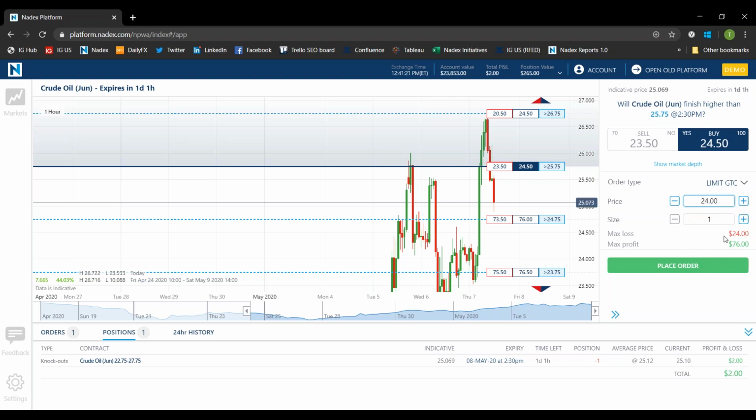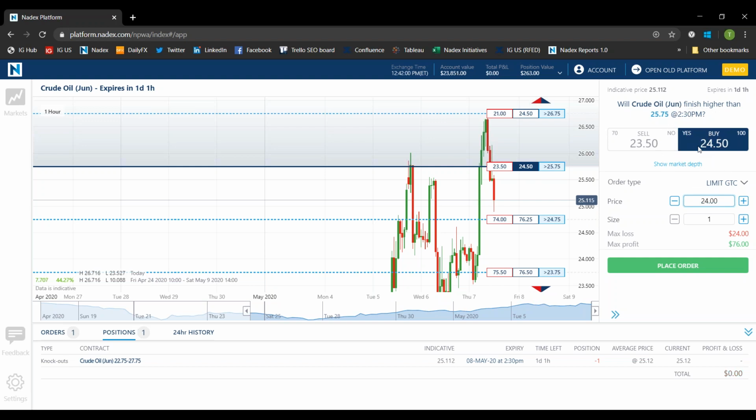If I think it's going to happen and oil does settle above 25.75 at the end of the day, this contract will go to 100 and I would potentially make $76. 76 plus the 24 is 100. So I'm risking 24 to potentially make 76. What do I need to happen? It's in the blue area of the chart. I need oil to settle above 25.75. I don't need it to trade above there, because it could trade above there. And in fact, if it trades above there, this probability will probably go above 50-50 at that point.